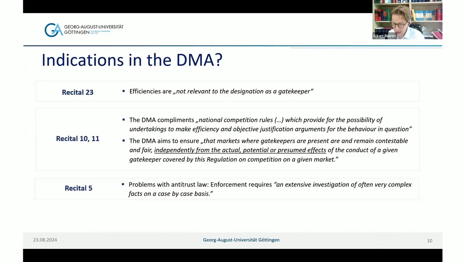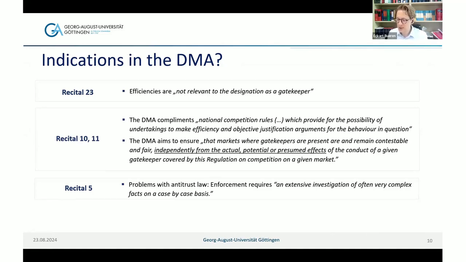And in Article 1 of the DMA, we can read: the purpose of this regulation is to contribute to the proper functioning of the internal market by laying down harmonized rules, ensuring for all businesses contestable and fair markets in the digital sector across the European Union where gatekeepers are present, to the benefit of business users and end users. So the DMA puts as a yardstick of what it wants to achieve and of the obligations that it stipulates the benefit of business users and end users.